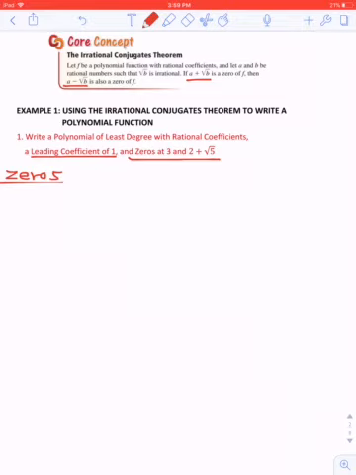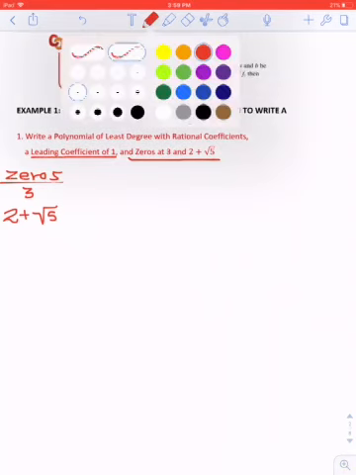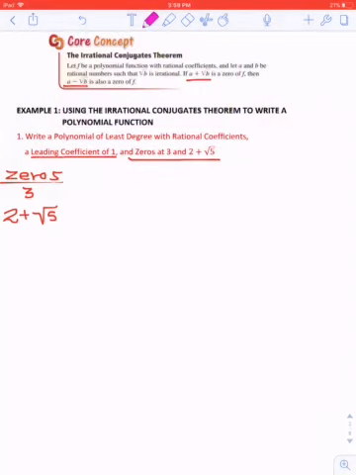So I have a zero at 3, and I'm given a 0 at 2 plus root 5. At this point, I need to think about what I'm working on. I'm working on the irrational conjugates theorem. The theorem should stop me and make me go, oh, I have an irrational 0, 2 plus root 5.